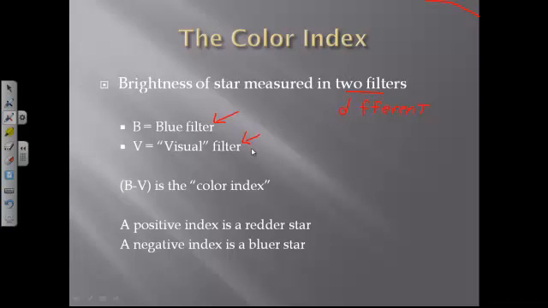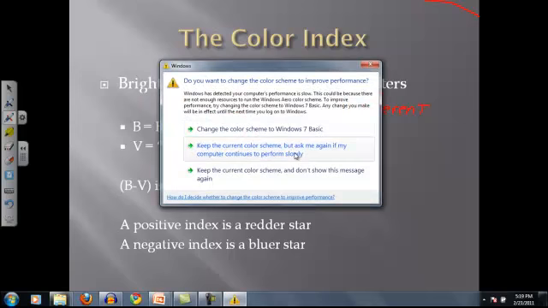So the B and the V filters are the two that we use. We measure how bright it is in the B filter and how bright it is in the V filter, and we determine our magnitudes. Now remember, we talked about the magnitudes last time.